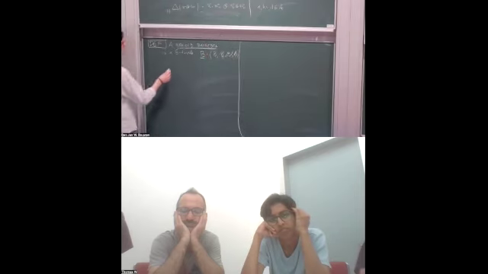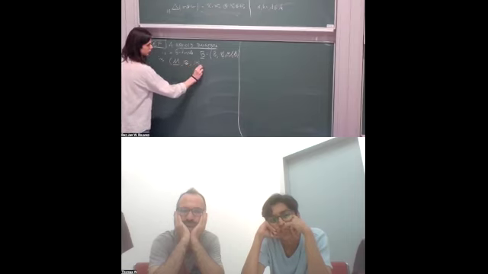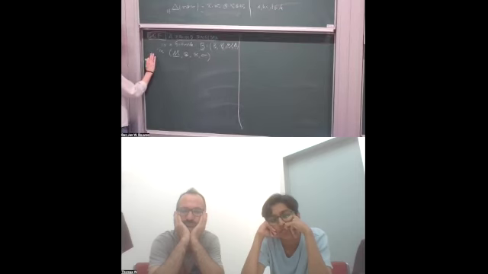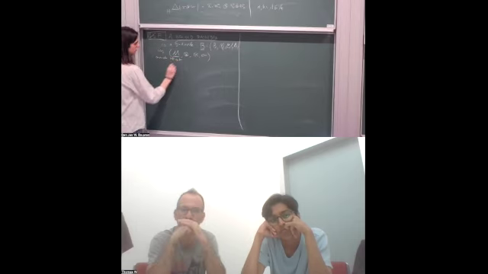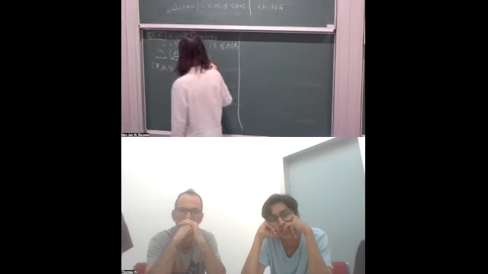So a braided bialgebra in a braided monoidal category with tensor and sigma is a 6-tuple such that B, mu, eta is an associative algebra in the category.